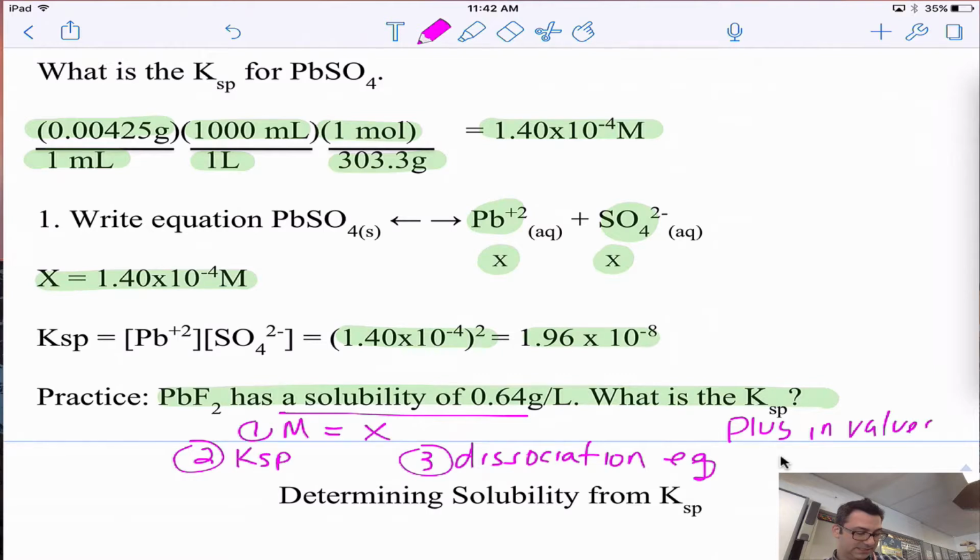This one isn't easy, I have to say, because you're going to have two different values, because Pb and F are not going to be the same values. And this one is really only the value for the x. Now, I don't want to give too much away. I'd like you to try this on your own and see how you do with it. And let me know. And tomorrow in class, we're going to go through this, and we're going to actually try and do this one and see how you do with it.